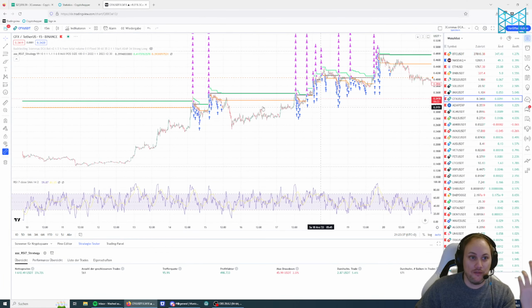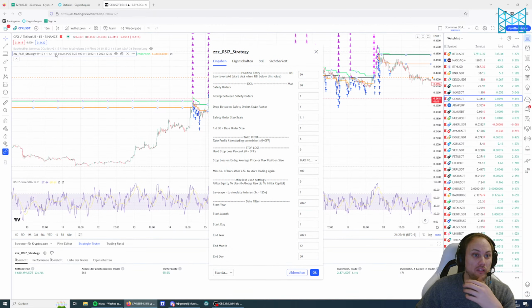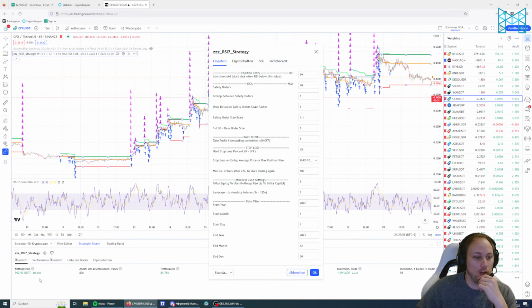This is of course not that clever, because when the price is dropping lower, you lose. Therefore, you can also try out, okay, what is the best stop loss for me? If I put in a stop loss, let's say we have 10 safety orders, let's say if we put in like, I don't know, 15, then you can see how the profit goes down to 165.